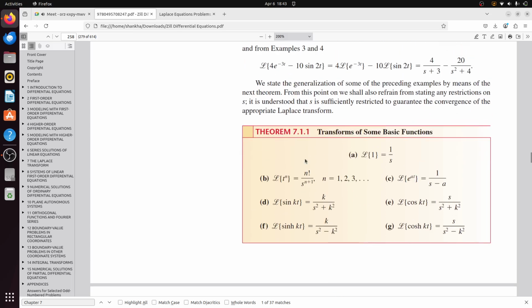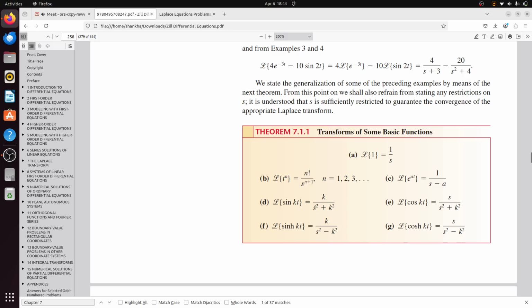So these are a few basic transformations. Laplace transformation of 1 is 1 by s, Laplace transformation of t to the power n is gamma n plus 1 by s to the power n plus 1, alternatively n factorial by s to the power n plus 1.